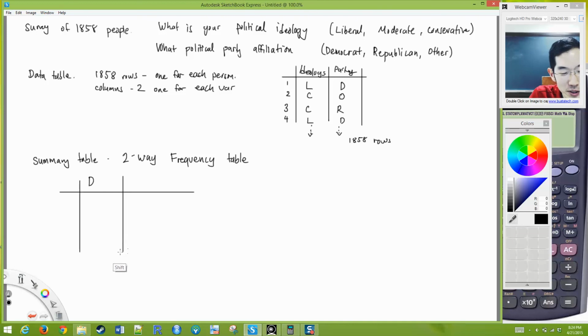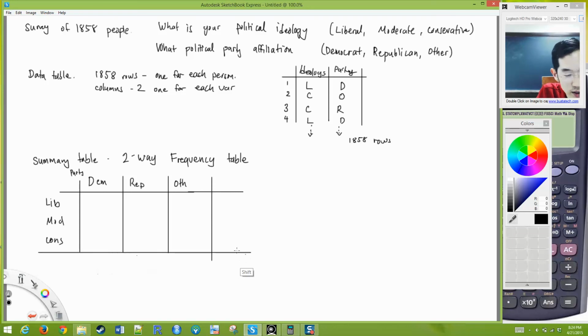Okay, so we're going to have party across the top. So we'll have Democrat, Republican, other. And then we will have liberal, moderate, conservative. And these are the numbers. 306, 26, 198, 279, 134, 322.